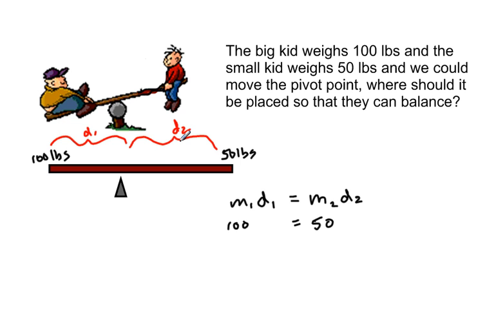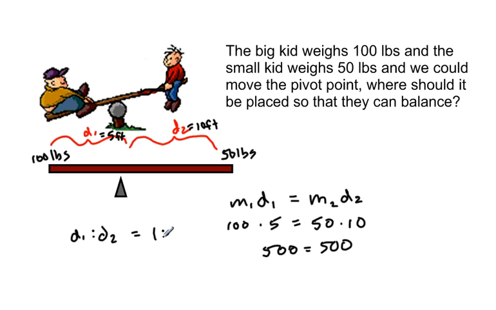We could have a distance here of 10 feet, and over here a distance of 5 feet, and that would work out. So there's 5 and there's 10, and we've got 500 equal to 500. Or, as it turns out, D1 to D2 had to be in a ratio of 1 to 2 in order for these two kids to balance.